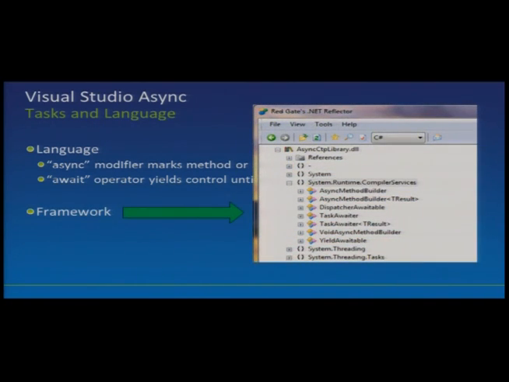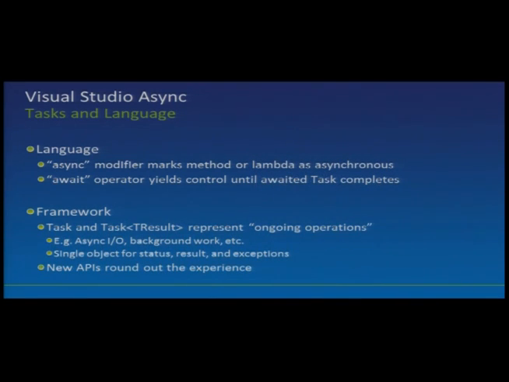The framework provides various classes that the compiler uses in order to implement all this functionality. And the task and task of TResult types are used to represent the ongoing operations.